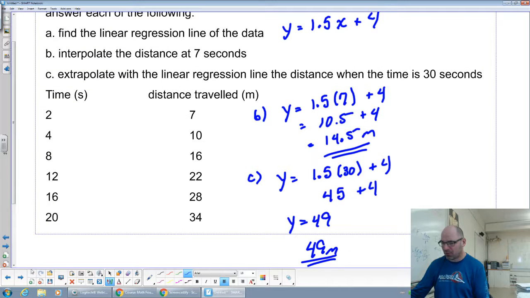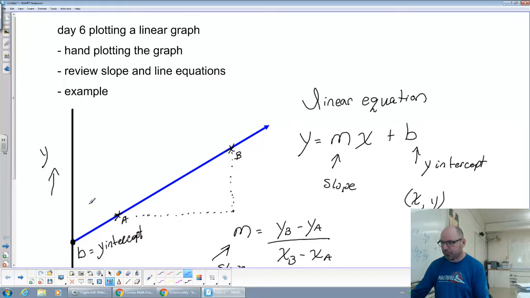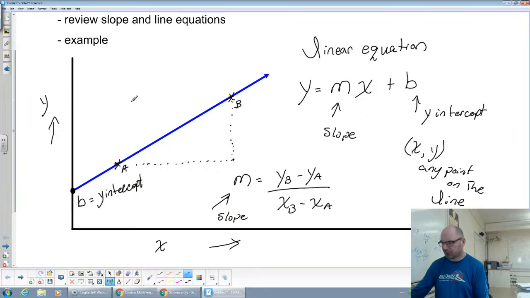Okay, so let's summarize what we did here. We need the slope equation, which is y_b minus y_a over x_b minus x_a, and the line equation, y equals mx plus b, which we did use with Desmos anyway. We need to know those equations for a line, a quadratic, and a cubic, obviously.